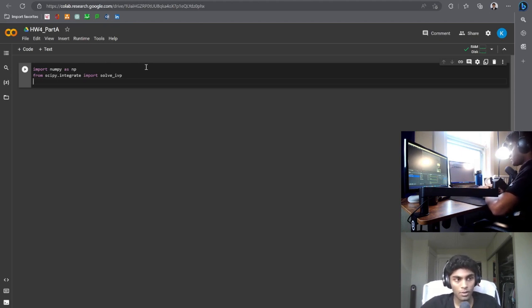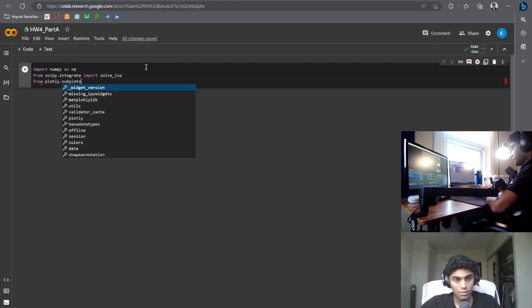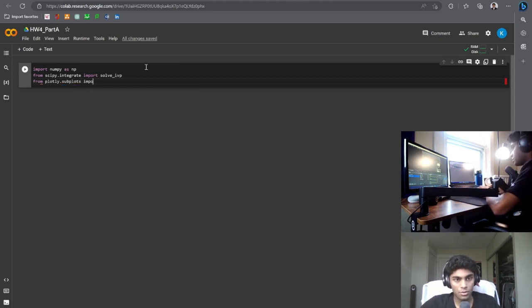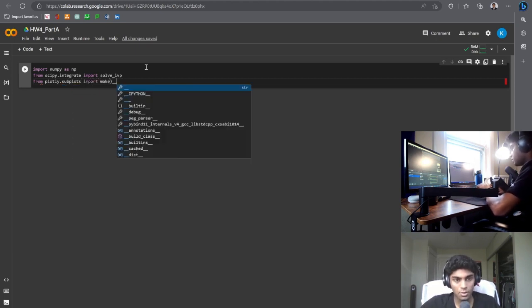And then also at the very end, we want to go ahead and graph this simulation out. So we're going to go ahead and import from, I believe it's plotly.subplots, import make subplots.